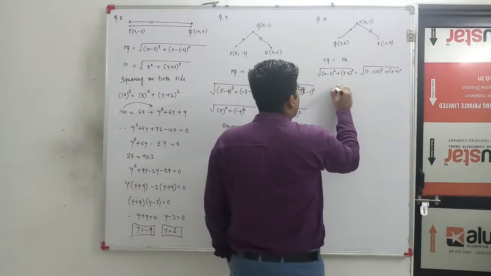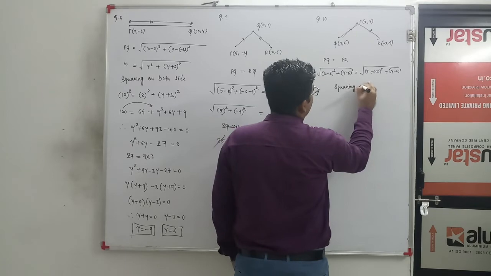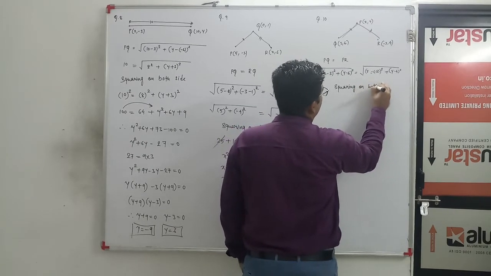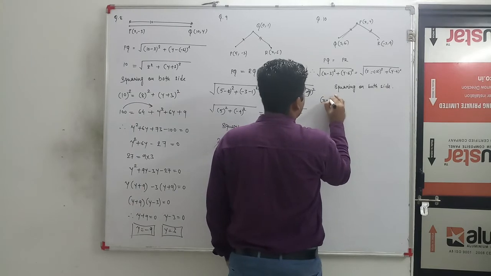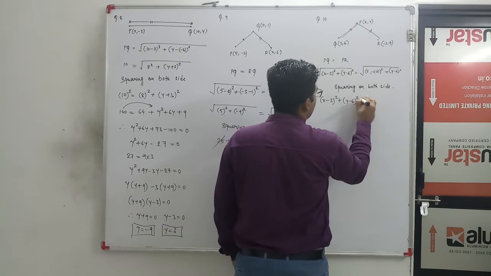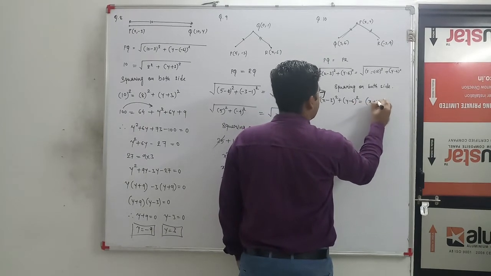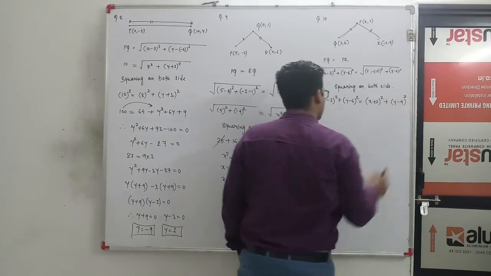Here I am squaring on both sides. Then what I got: (x minus 3) whole square plus (y minus 6) whole square is equal to (x plus 3) whole square plus (y minus 4) whole square.